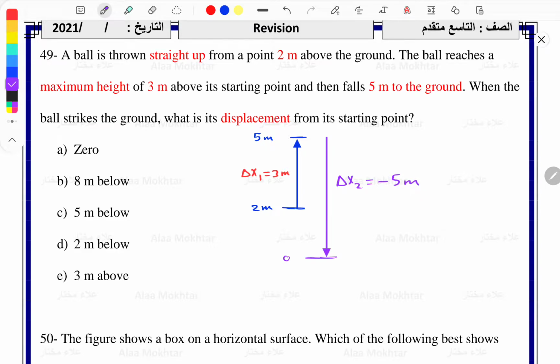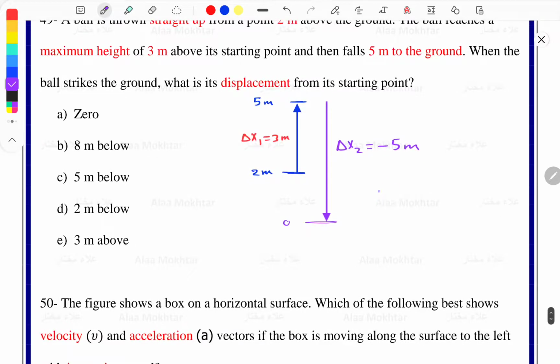What is the displacement? Delta x equals delta x1 plus delta x2, equals 3 plus negative 5, which is negative 2 meters. It means 2 meters down.